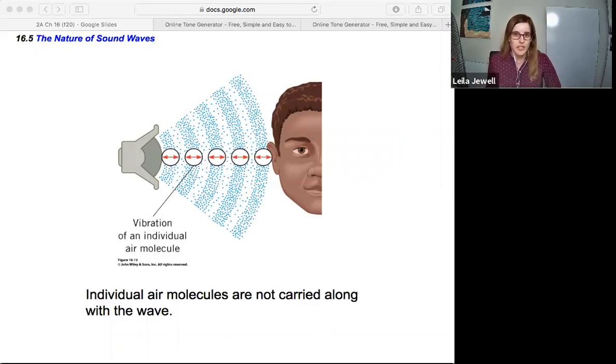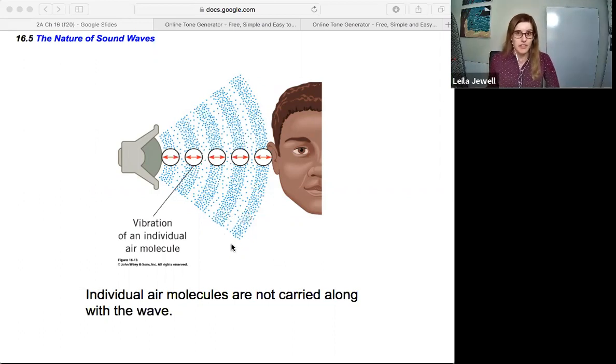Now, for what we hear, it's not that one air molecule travels from the speaker to our ear. The individual air molecules aren't carried along with the wave, but they jostle each other. And so the jostling keeps getting passed along until the air next to our ear gets jostled and jostles our eardrum to pick up that slight vibration, that slight disturbance that is the wave.